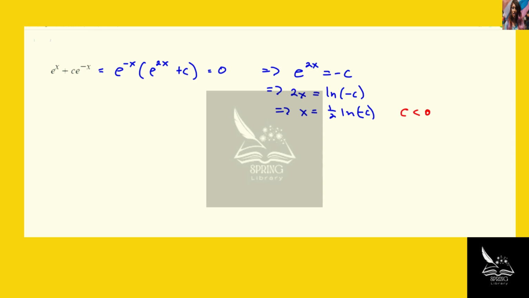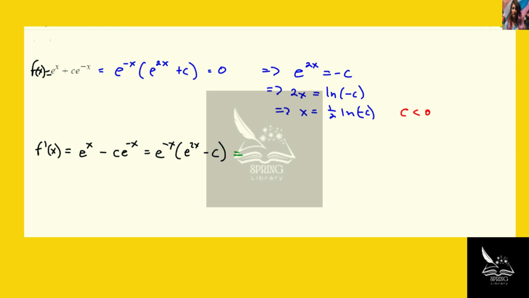All right. Now, if this is f of x, let's find our first derivative so we can possibly find our maxes and mins. The derivative of e to the x is just e to the x, and the derivative of e to the negative x is negative e to the negative x, so it'll be minus c e to the negative x. Once again, let's factor out e to the negative x. So e to the negative x times e to the 2x minus c.